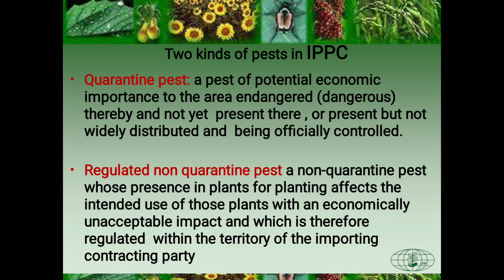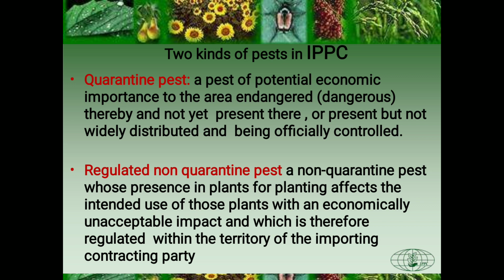That means once the pest appears on the plants, it causes heavy damage, an unacceptable impact, near about 80 to 90% damage.